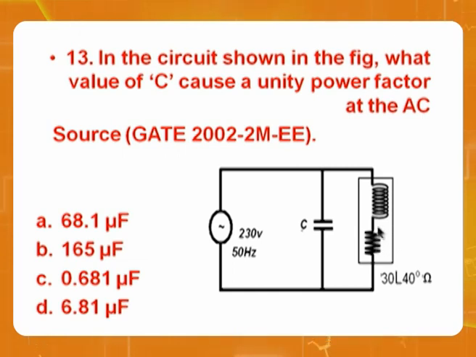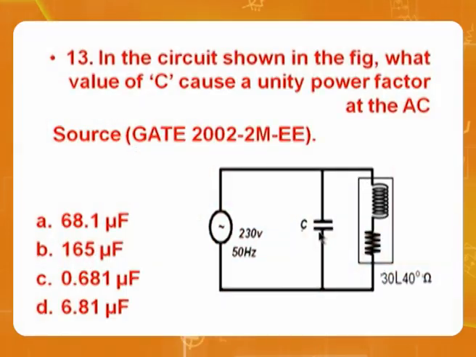Because this coil is available, the value is 30 angle 40, and you need some other angle, for example, the angle should be neutralized. If you neutralize the angle, what will happen? That is resonance. So definitely we understand there is a positive angle given here. You need a capacitor. Even if it doesn't say capacitor, I would put a capacitor, because to neutralize a positive angle we need a negative angle. That's everything by concept.